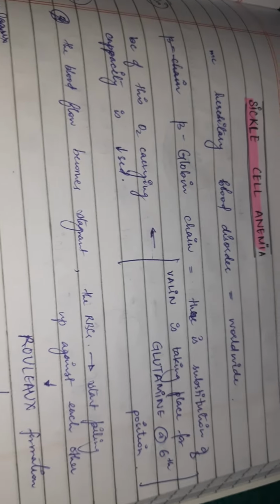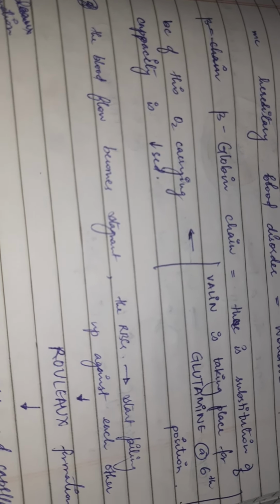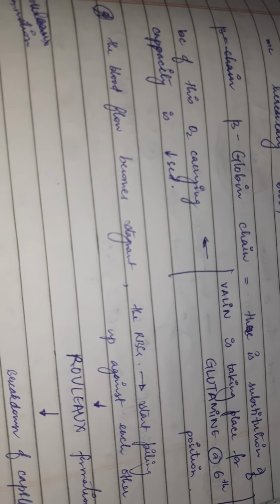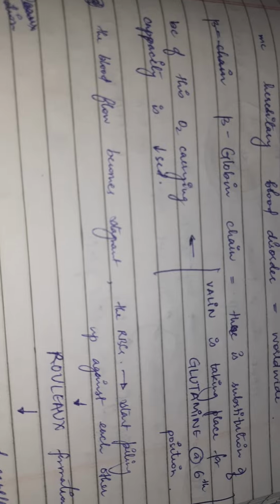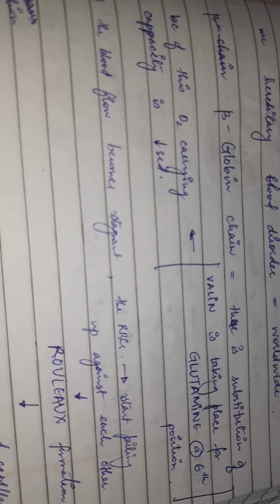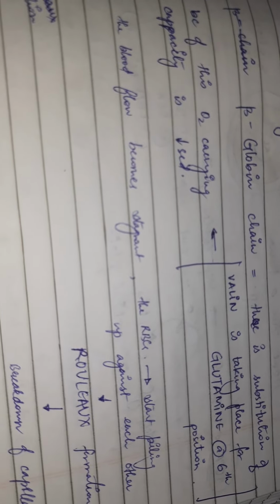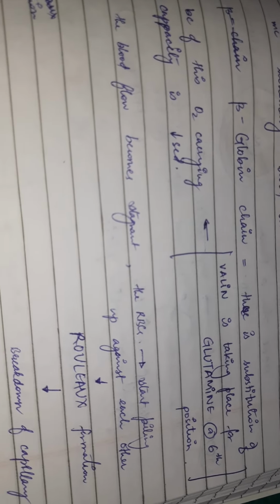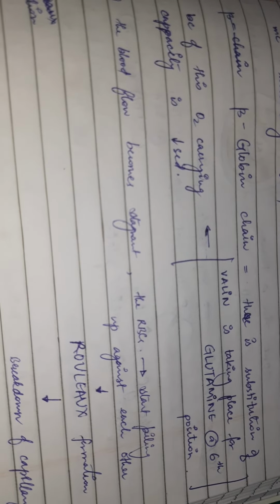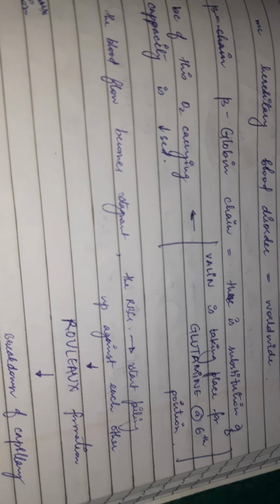It means a girl has two boyfriends. The new one is valine and the old one is glutamine, at the sixth position. She was in a relationship with glutamine for 6 years, but now valine comes and takes the place of glutamine.